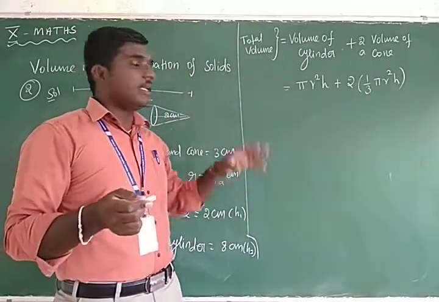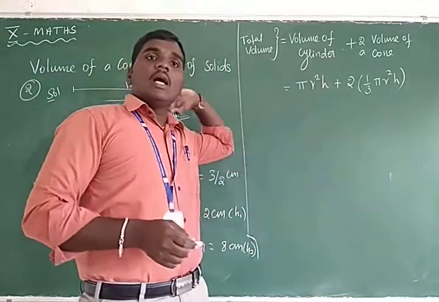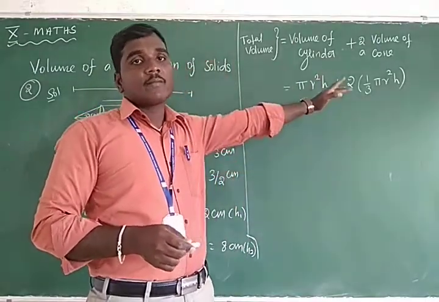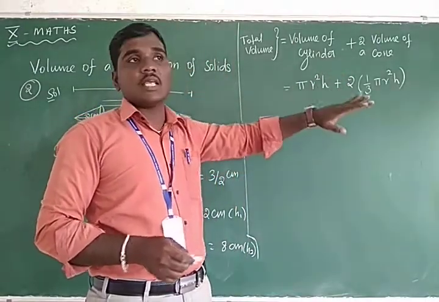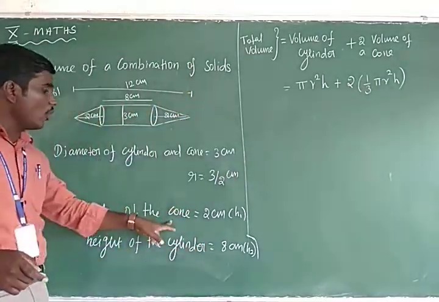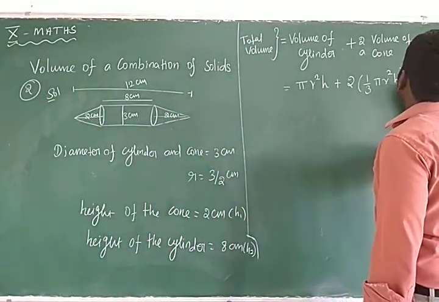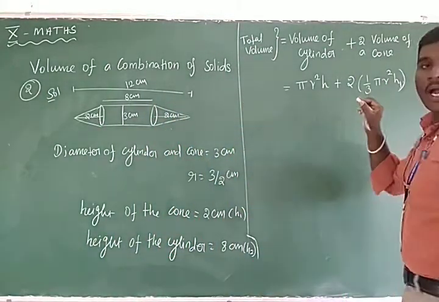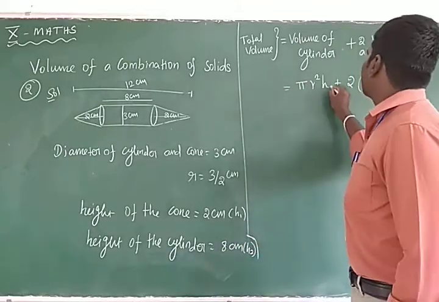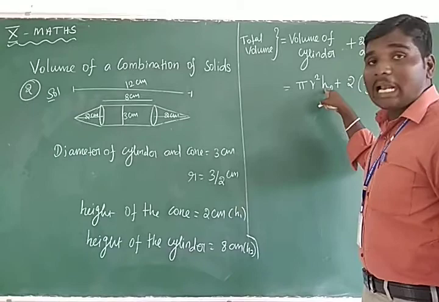Listen, here the radius is the same for both the cylinder as well as the cone. Diameter is the same, but heights are different. So height of the cone we assume as h1, and height of cylinder we assume as h2. So not the same value for h.